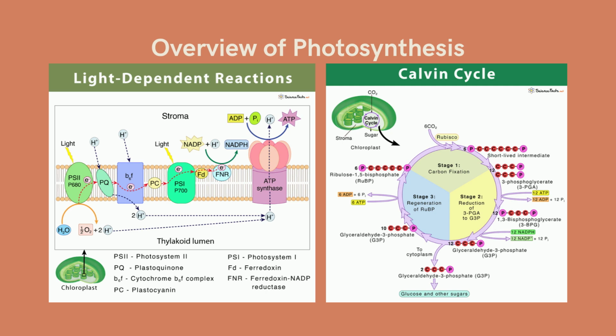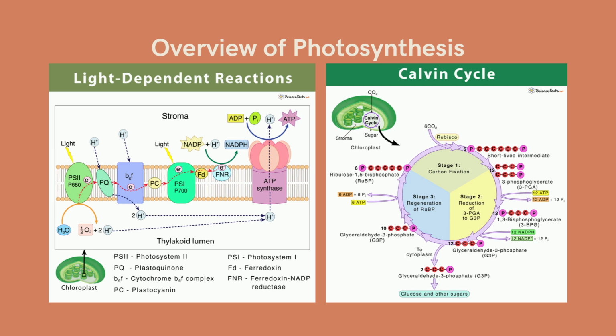The Calvin cycle has three steps: carbon fixation, which is the combining of carbon dioxide molecules with five carbon molecules or RuBP to produce 12 three carbon molecules or PGA.